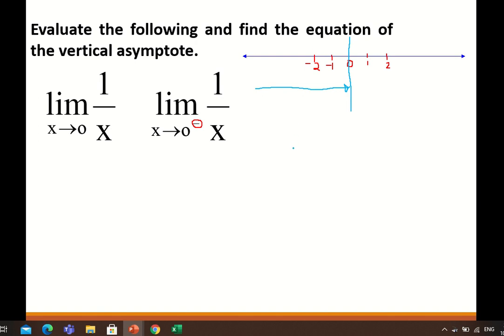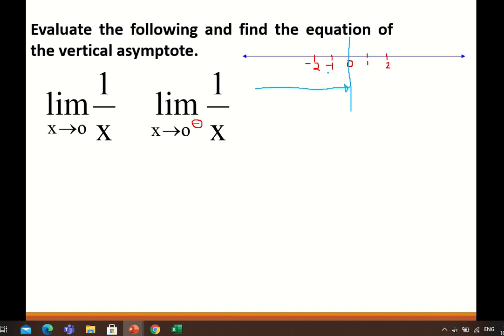So what will happen? Say when x equals negative 2, we have 1 over negative 2, so the result is negative. When x equals negative 1, substitute it here, 1 divided by negative 1, so our quotient is also negative.